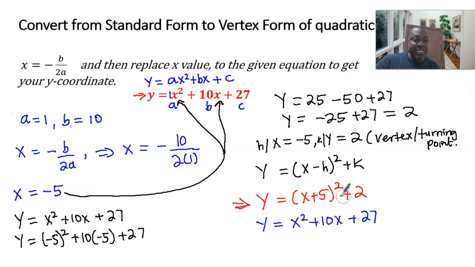When it's here, it's really visual for us to see the turning point, which is the same as the vertex. And when it's in the standard form, we also see something that along the line we'll be talking about. We see this one here, and when we graph it, we realize that that's going to be the y-intercept.